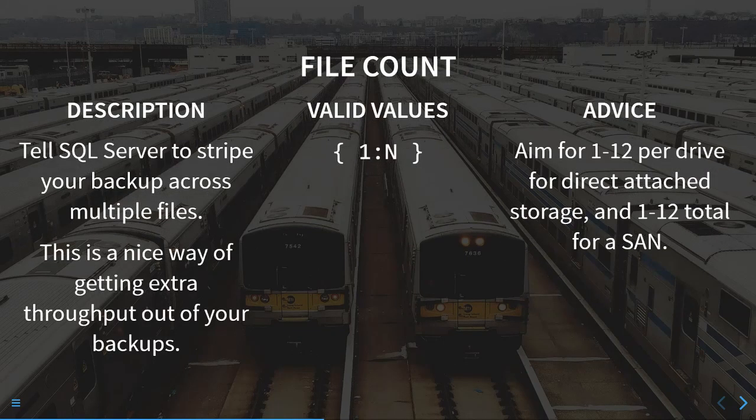Finally, file count. File count, again, is an integer. And this tells SQL Server to stripe your backup over multiple files. If you have direct attached storage, generally a number somewhere between 1 and 12 is going to be the best fit.